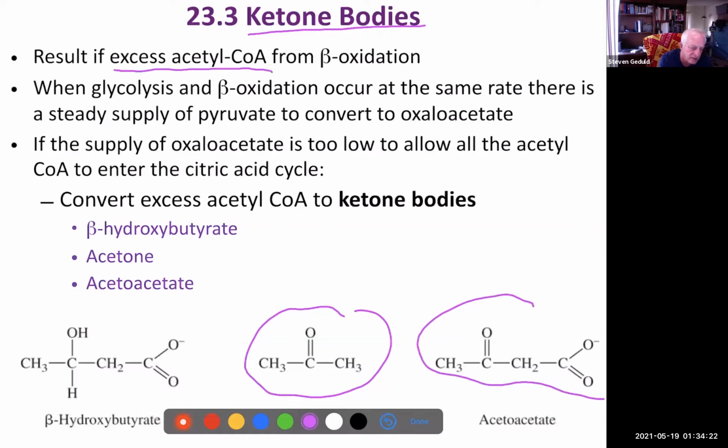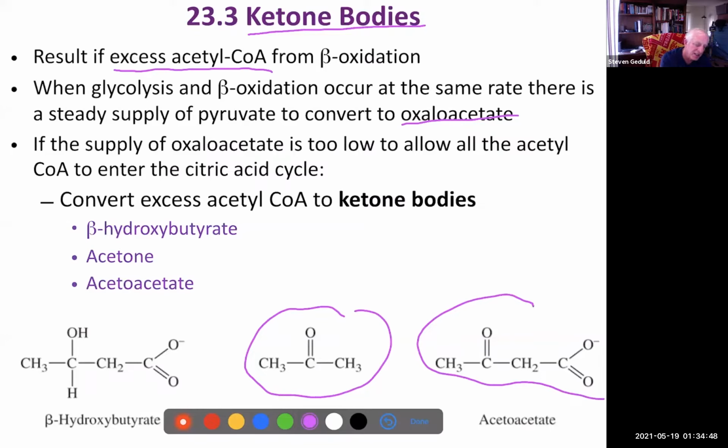So you got extra acetyl coenzyme A, you're going to form ketone bodies. When glycolysis and beta oxidation occur at the same rate, there's a steady supply of pyruvate to convert to oxaloacetate. Remember, that runs the citric acid cycle. Okay, because all your glucose is converted into 2 pyruvates.